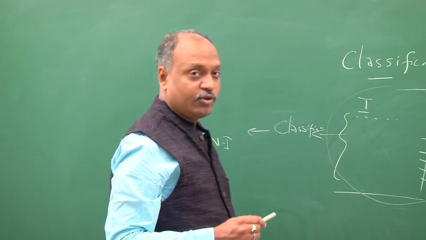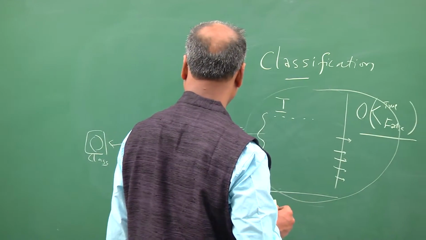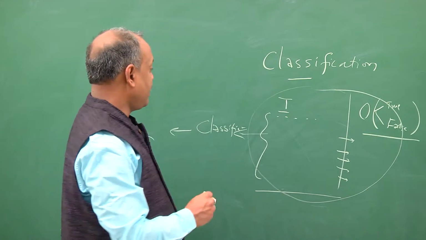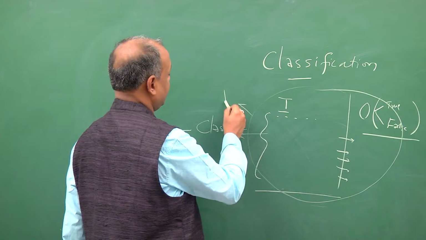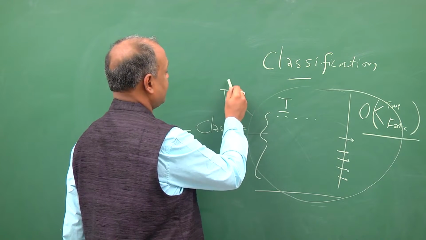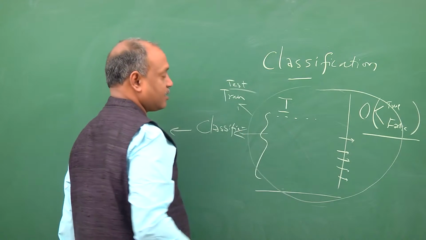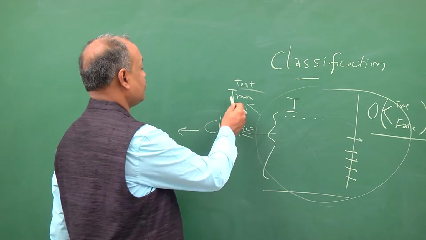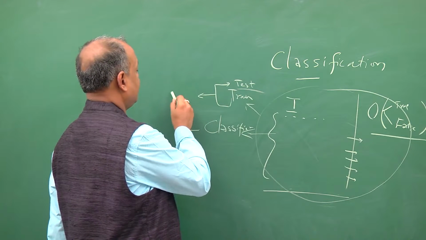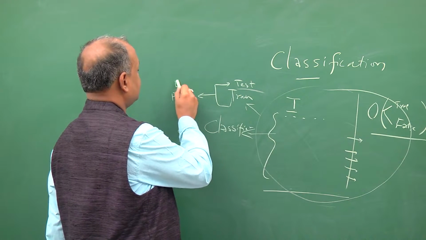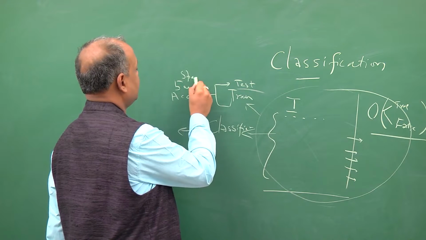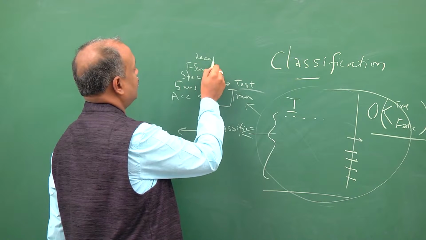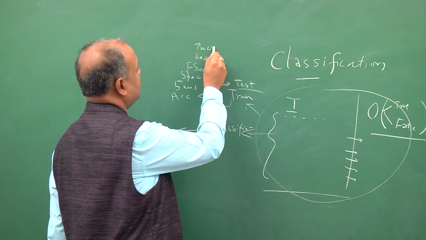Given this, we also know that the way to evaluate a classifier is by separating the original labeled data into a control set called the test set and a training set on which you derive a model, and you use it to derive different metrics like accuracy, sensitivity, specificity, F-score, recall, or precision.